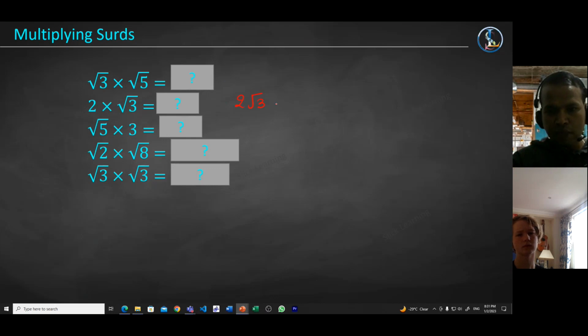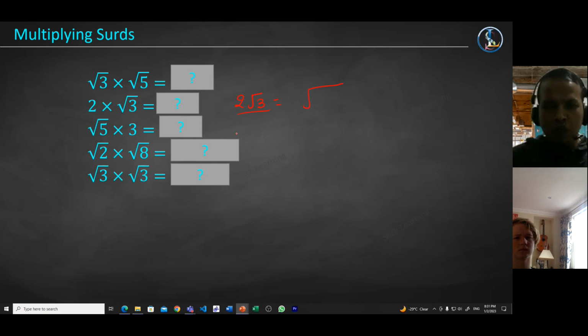Suppose you are going to write only one term in the form of surds. How will you write it in the form of surds? I'm guessing, square root 6? No, I'm not really sure.